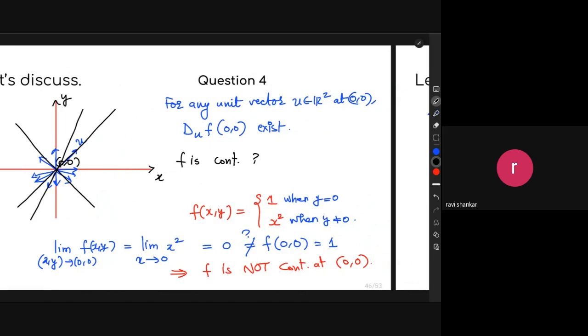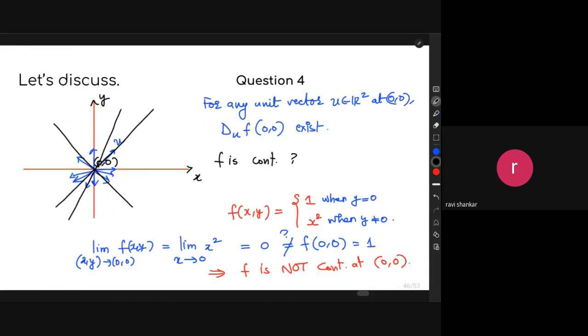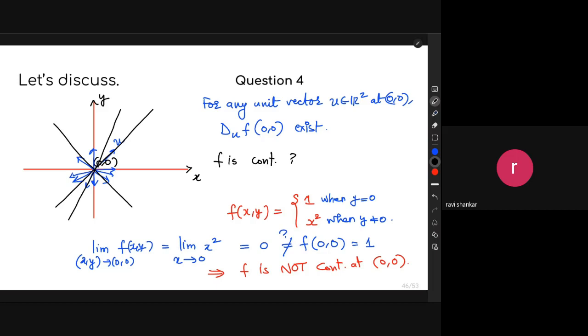Now next I claim that for every unit vector u in R2, no, we have used this now.